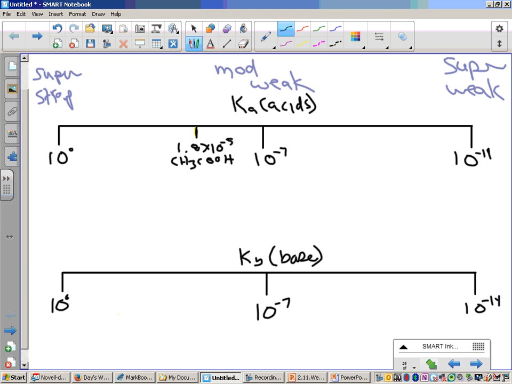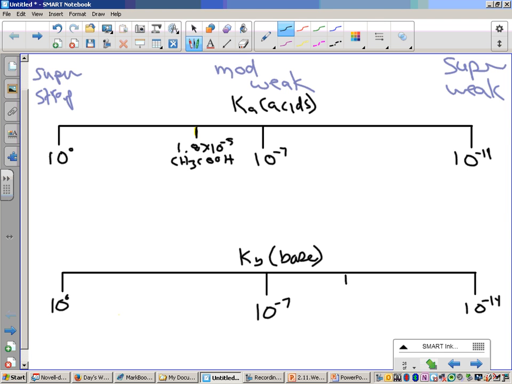And if we use our Ka-Kb relationship, we could figure out the Kb of the acetate ion, and it's going to be that they multiply to 10 to the negative 14, which means I'm going to have about a 10 to the negative 10 or negative 9. What is the number for acetate right beside it? Christian, what do you got? Now, I'm on the Kb scale, but I'm now at 10 to the negative 10, so that's 8, 9, 10.